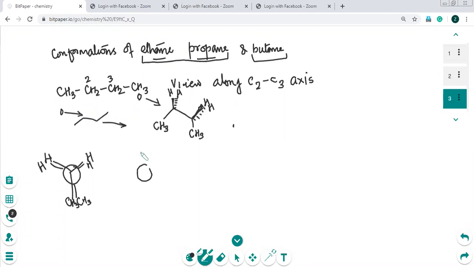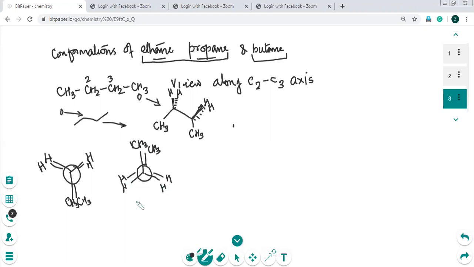It's for my own convenience, you will understand better. I have the CH3 here, CH3 here, H, H, and I will have H here and H here. See, the CH3 and the CH3 are one behind the other.